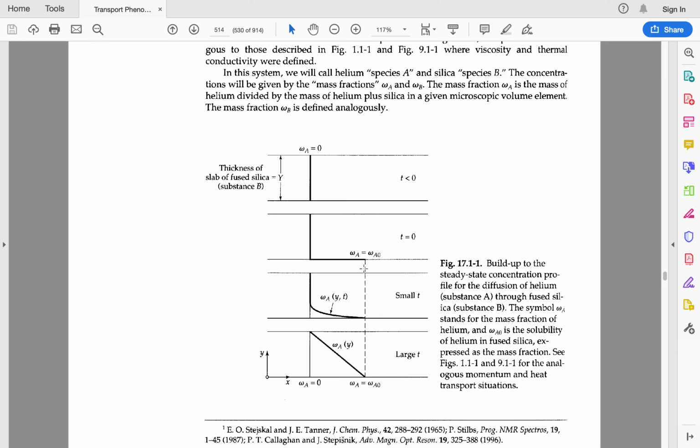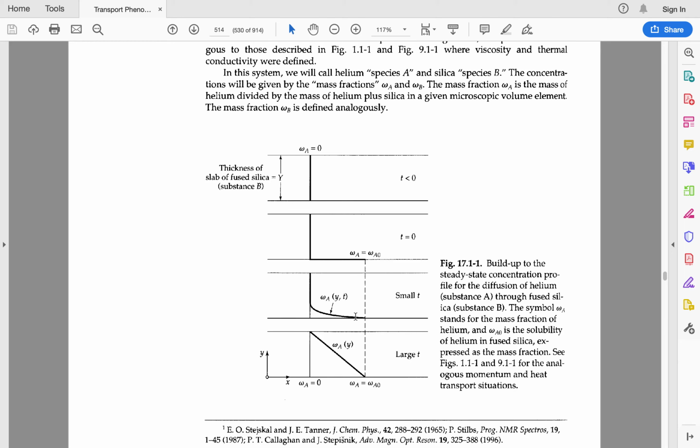And there is an omega A0, and because there is a concentration gradient between the outer layer and the inner layer, over time, at small t, there will be diffusion. The diffusion will start from the bottom and go up, where the helium will start to diffuse.